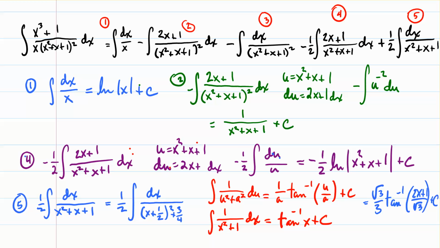Again, all you needed to know was that u is x plus 1/2, and a is root 3 over 2. And then when you plug all those in there with the 1/2 out front and you do some simplification of the algebra, then you should end up with something that is equivalent to what you see there. Root 3 over 3, inverse tangent of 2x plus 1 over the square root of 3 plus c. And that brings us down to just the final integral, which would be integral number 3.